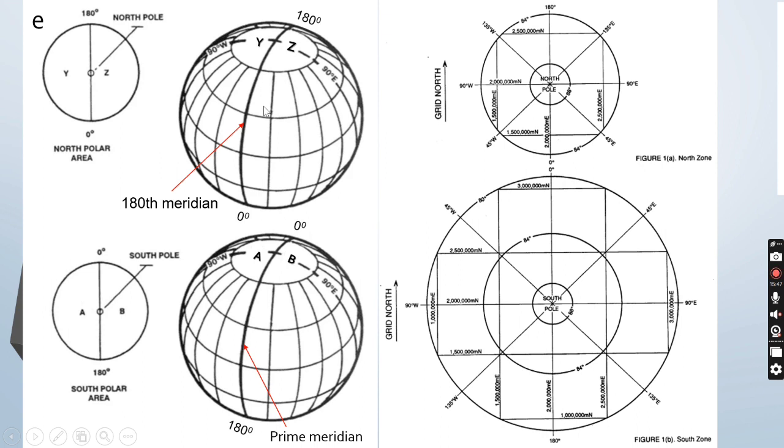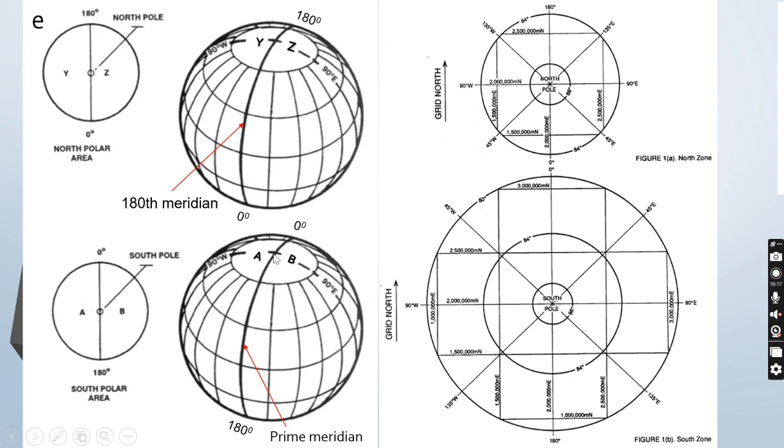Now this is the southern pole, this is about the northern pole. If you rotate this like this, the opposite side of the 0 to 180 line, the 180 line will appear. So 0 will become here, 180 will become here. Okay, so if we consider this the 180th meridian, naturally it will become the prime meridian, nothing but 180 degrees.